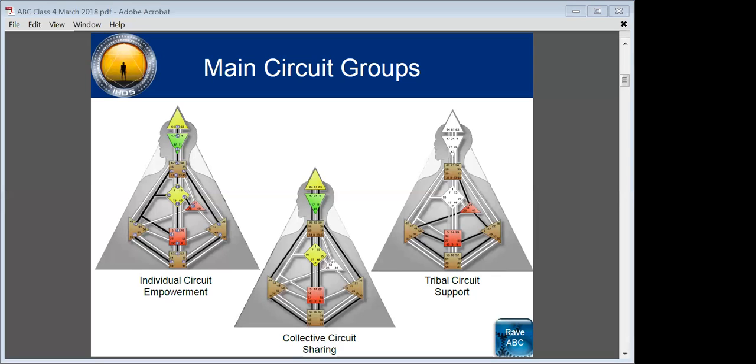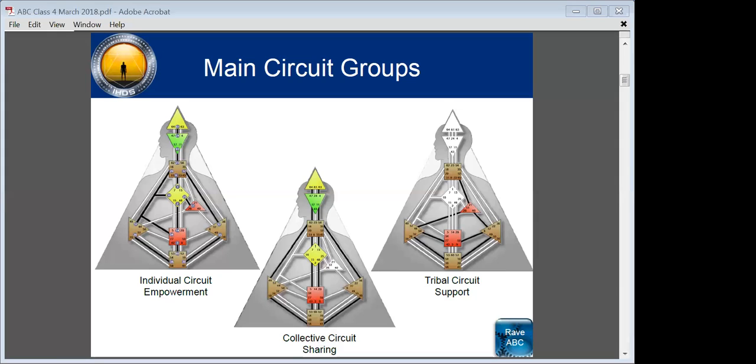Now, you can have aspects or potentials of the entire circuit expressing itself, but for the ultimate theme to be expressed, all components would need to also be active.